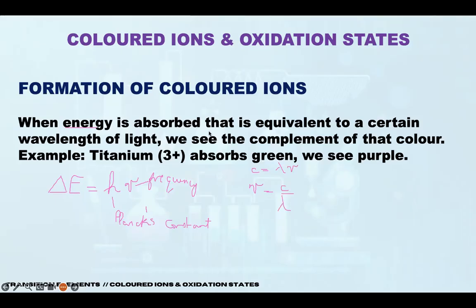So when the light absorbs a certain amount of energy, there's a certain frequency that's associated with that particular energy. And so, by extension, there's a certain wavelength of light that's associated with that said frequency and energy that gets absorbed.